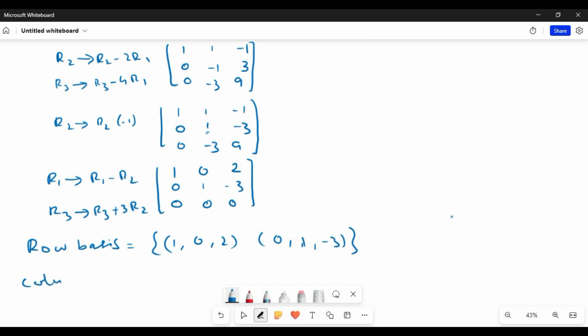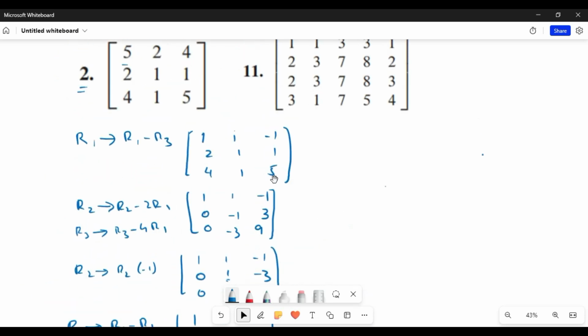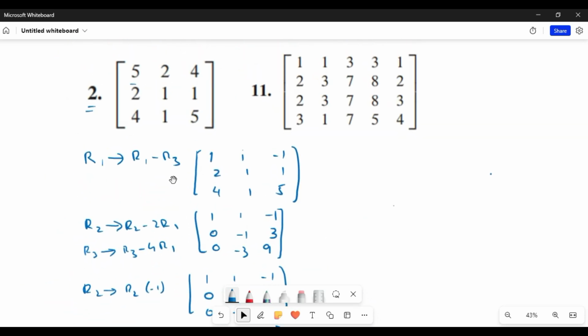When we want to write the column basis, we need to identify the columns that have a leading element, that is, the first column and second column, and go to the original matrix. From the original matrix we need to pick the first two columns, because here we are performing elementary row operations.